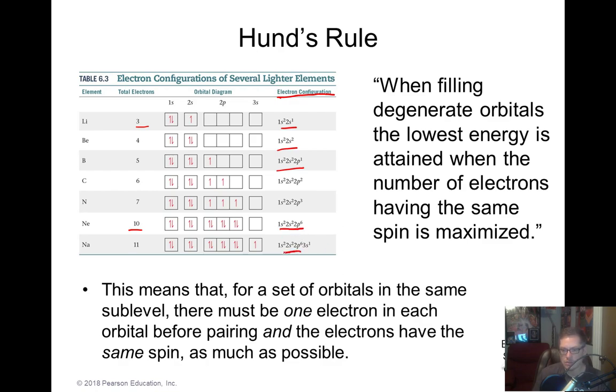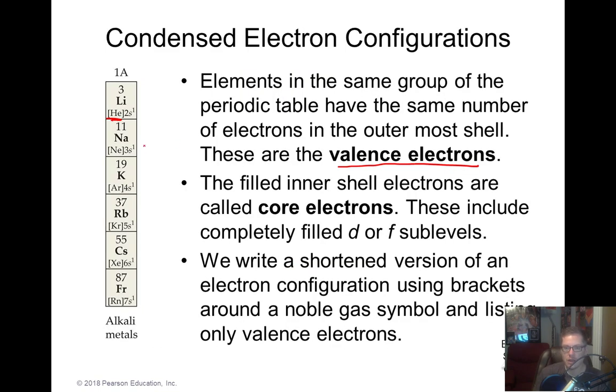They're both 1s2, 2s2, 2p6, but sodium has the 3s1 built on the end. So the only difference between those two is this 3s1, so we put bracket neon, pretty much implying that the core electrons, the ones underneath the valence electrons, are just exactly like neon's, but then we've got the 3s1 on top.